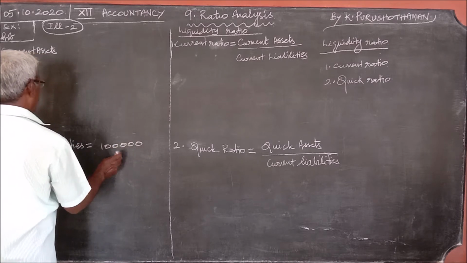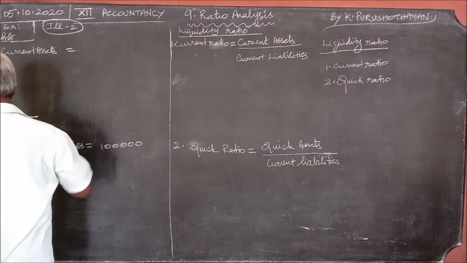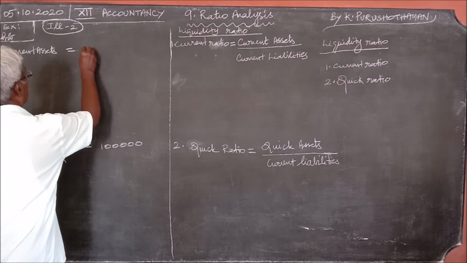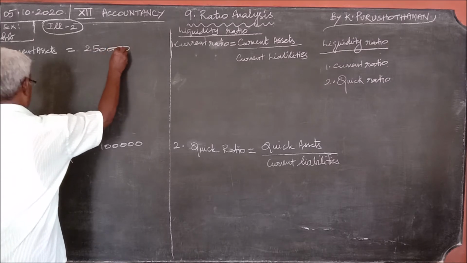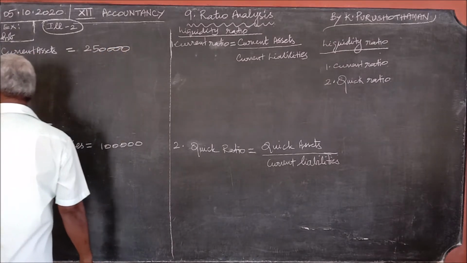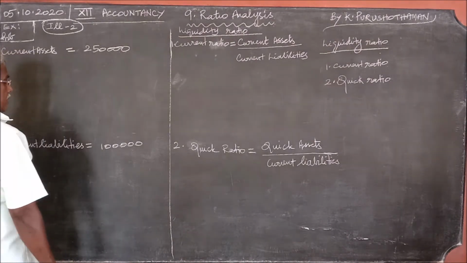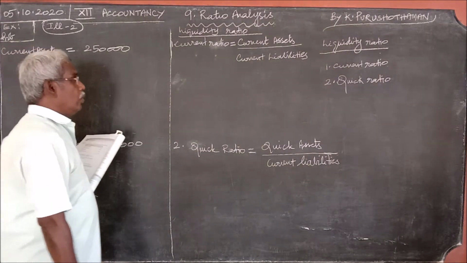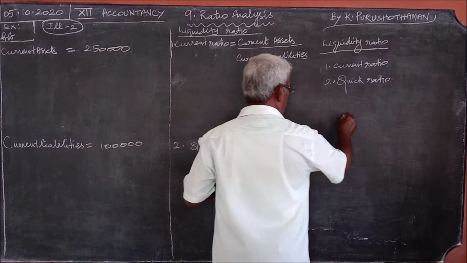The total itself is given. The total current assets 2,50,000. But from the current assets, what we have to find, we will have to find the quick assets. How to find the quick assets? Quick assets.